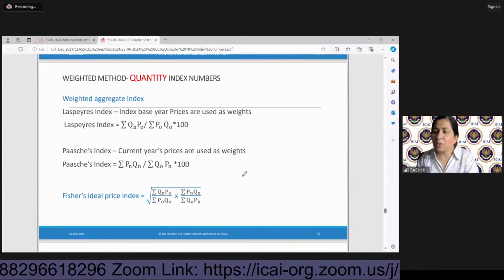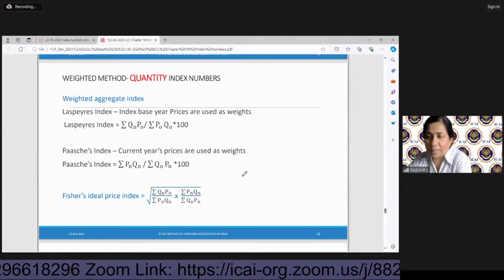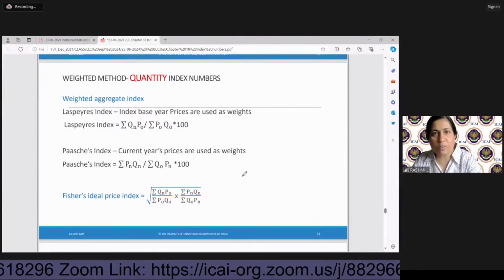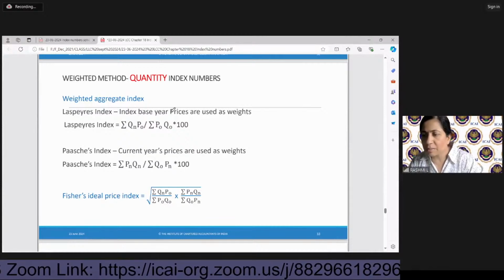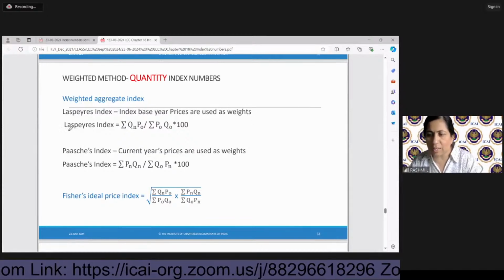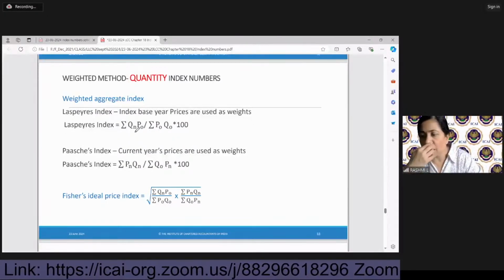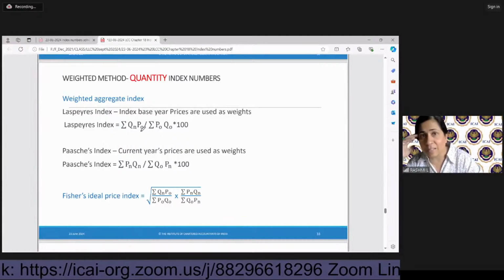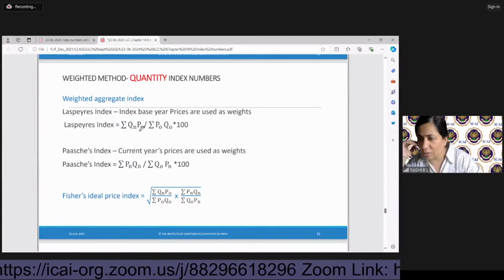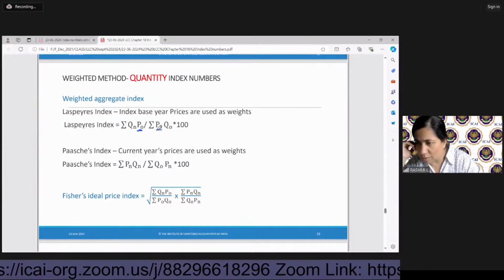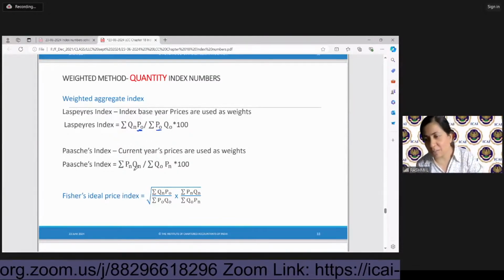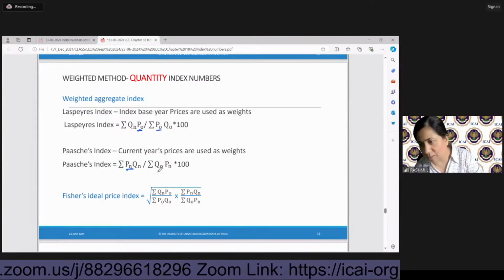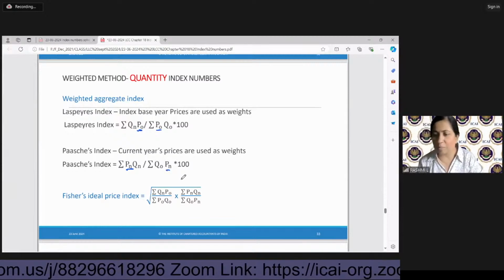Okay, then we are talking about the weighted method quantity index numbers. All this while we were talking about the price index numbers. So in this case, what happens? Prices are used as weight. In the last part, what did you use? The base year prices as the weight. So here you can see P0 is taken as this, and current year prices will be taken as Pn.